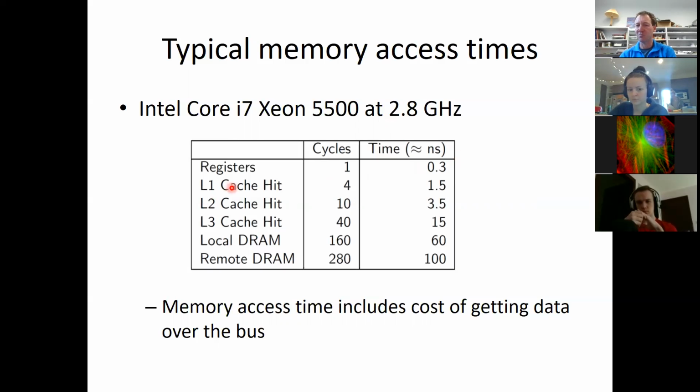For an L1 cache hit, if data is in your L1 cache, you will need 4 cycles to access it. L2 cache is a 10 cycle access, L3 cache already 40 cycles. And if you go to your normal dynamic memory, 160 cycles. Then remote DRAM, which is not the memory directly associated with your particular core but with a different core, can be even higher.